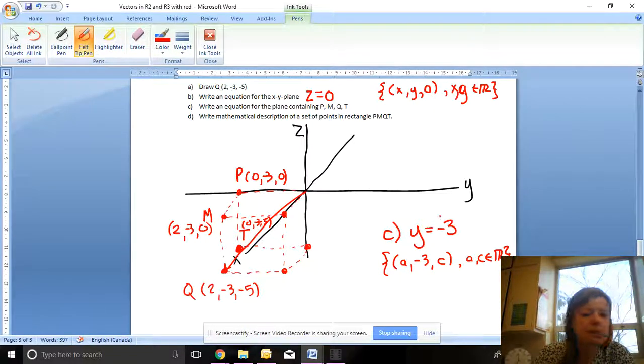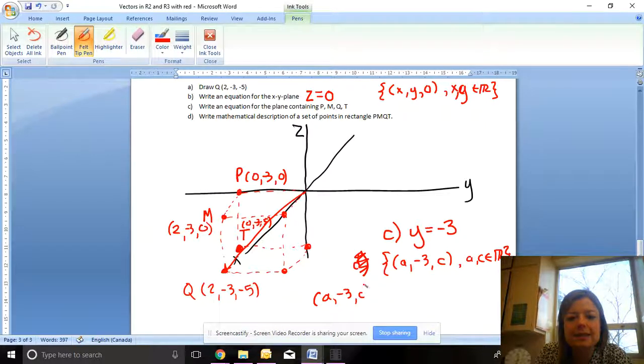So write a mathematical description of the set of points. Oh, I just did that. Okay, that's for the whole plane. But if you're talking about just the rectangle PMQT, you would have to not say that they're all real numbers. You would have (a, -3, c), but within that rectangle, a is between 0 and 2, and any real number in between.